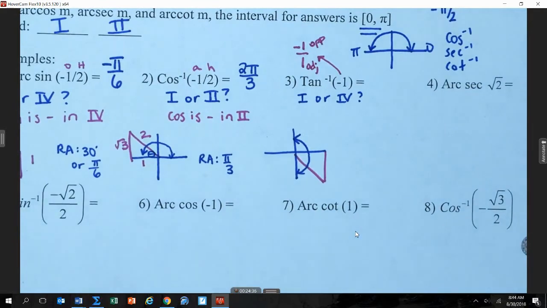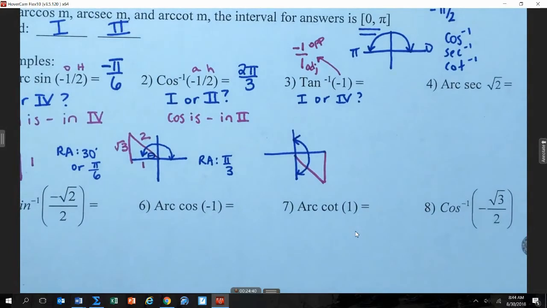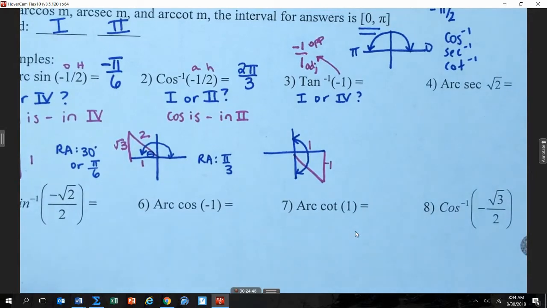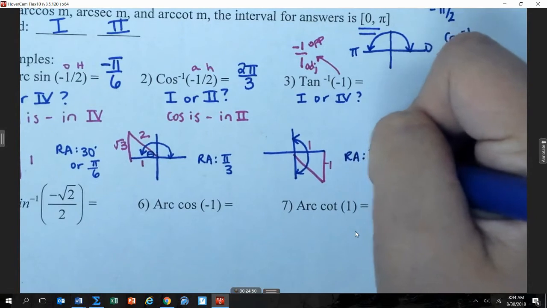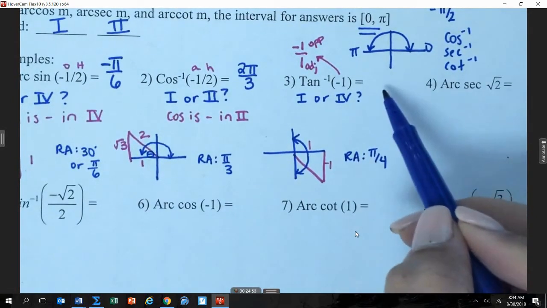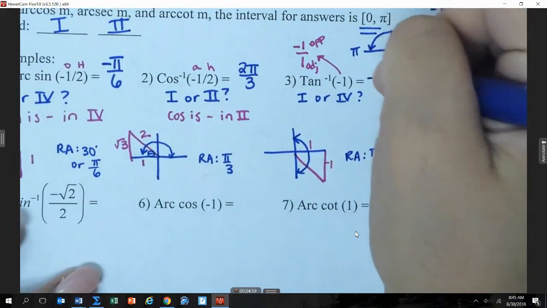What kind of triangle is that if my opposite length is the same as my adjacent length? 45, 45, 90, an isosceles triangle. So here my reference angle is pi over 4. Now, what answer am I going to put for theta? Kristen? Excellent.